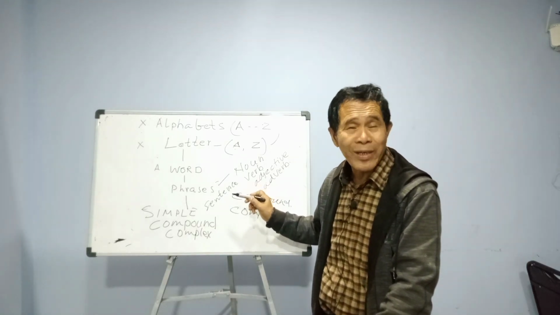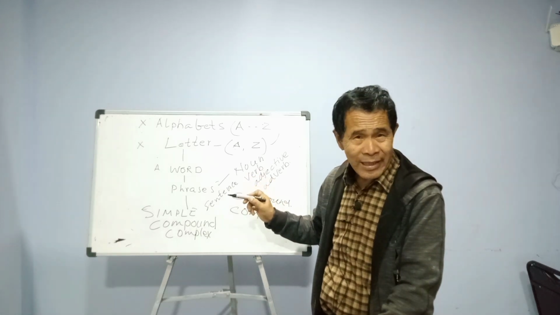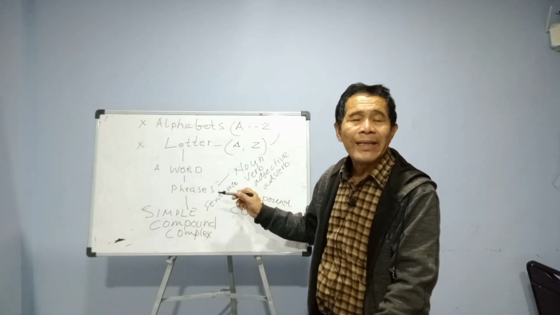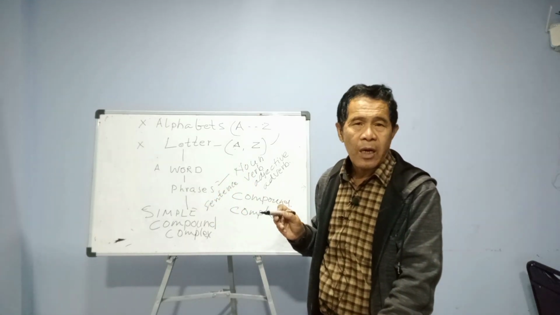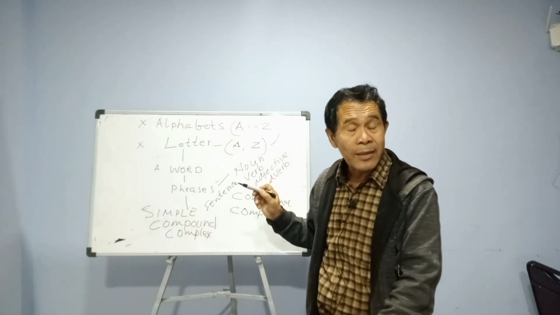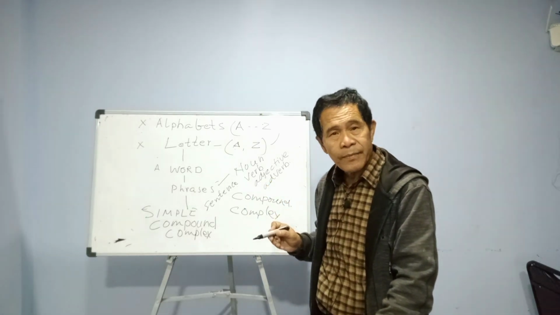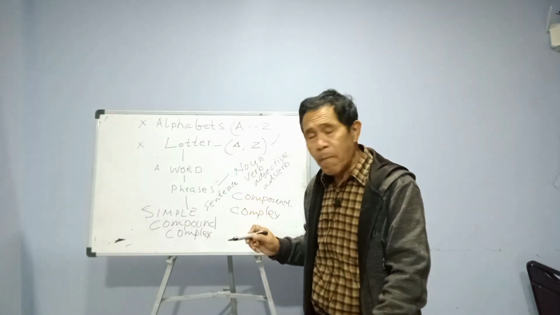Now what is a simple sentence? A simple sentence usually has a subject and then follows the predicate. Now what is a predicate? Predicate means it describes the subject, or it tells about the subject. That is a simple sentence. Now next one is compound.